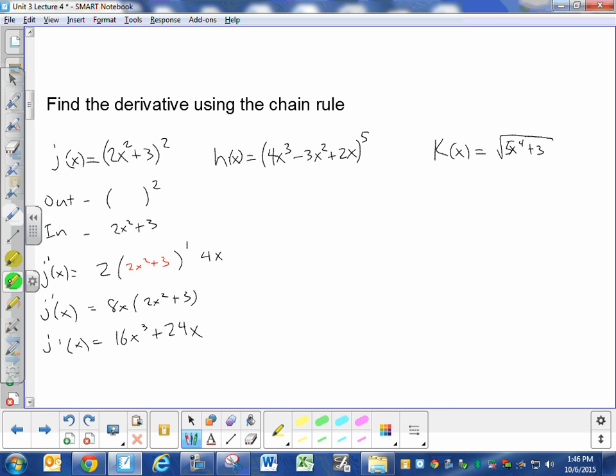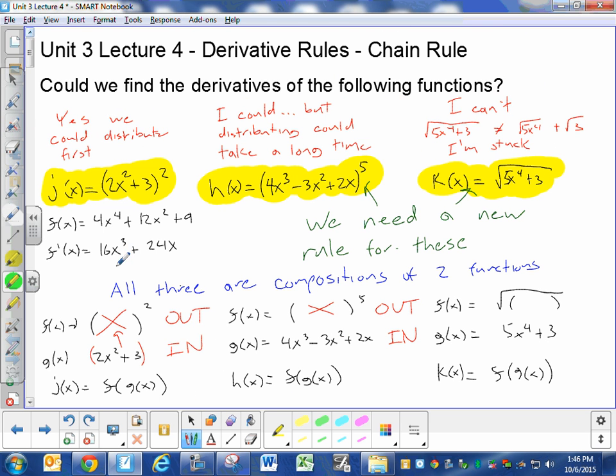And I go up and check with my original derivative through distributing, and I get 16x cubed plus 24x. Okay, so the chain rule works. And I don't have to use the chain rule for j, though, in the future. But I'm just showing you now you have two different ways to take the derivative of that.